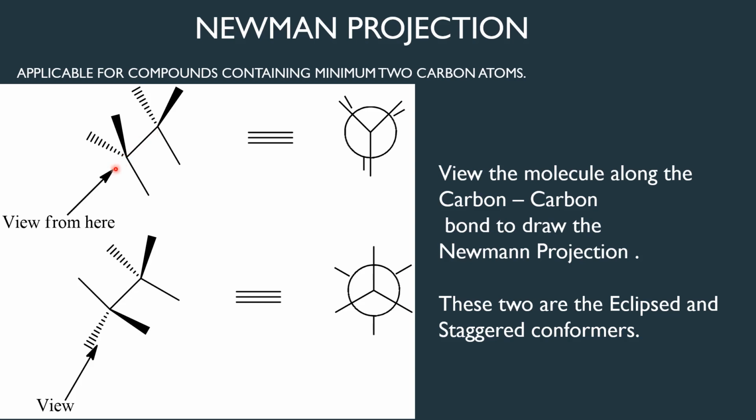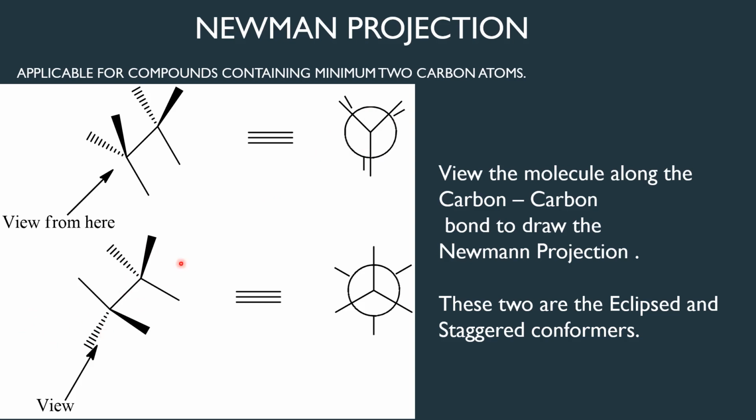So the backside carbon is not visible for me. Therefore, this backside carbon I am showing as a circle. And the three bonds present in the backside carbon, the rear carbon, are also shown as they are. One bond at the left, one at the right, one at the down. And this is the eclipsed conformer.